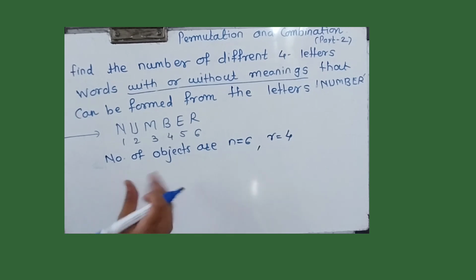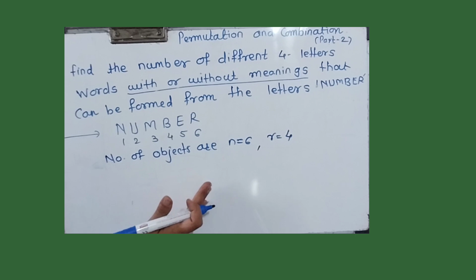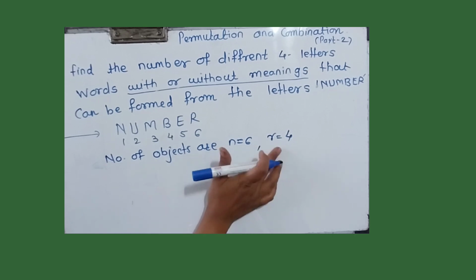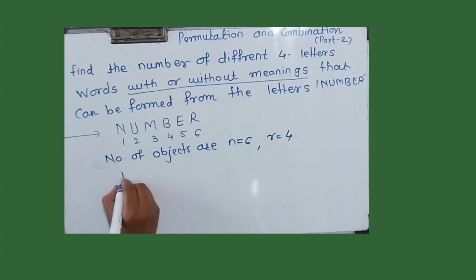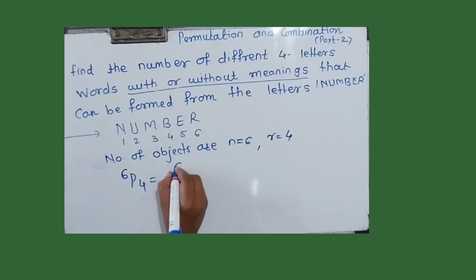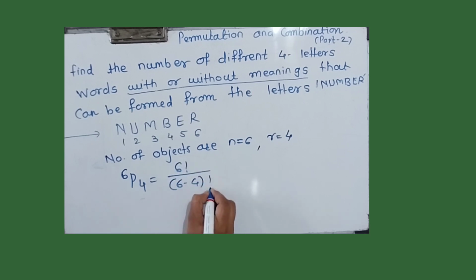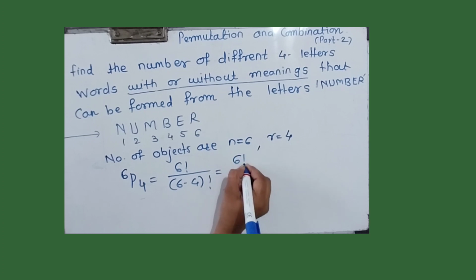Clear? So there are 6 letters in the word NUMBER. So the number of 4 letter words equals the number of arrangements of 6 letters taken r at a time, r means 4 at a time, which is 6P4. So what is 6P4? 6 factorial upon (6 minus 4) factorial, so 6 factorial upon 2 factorial.